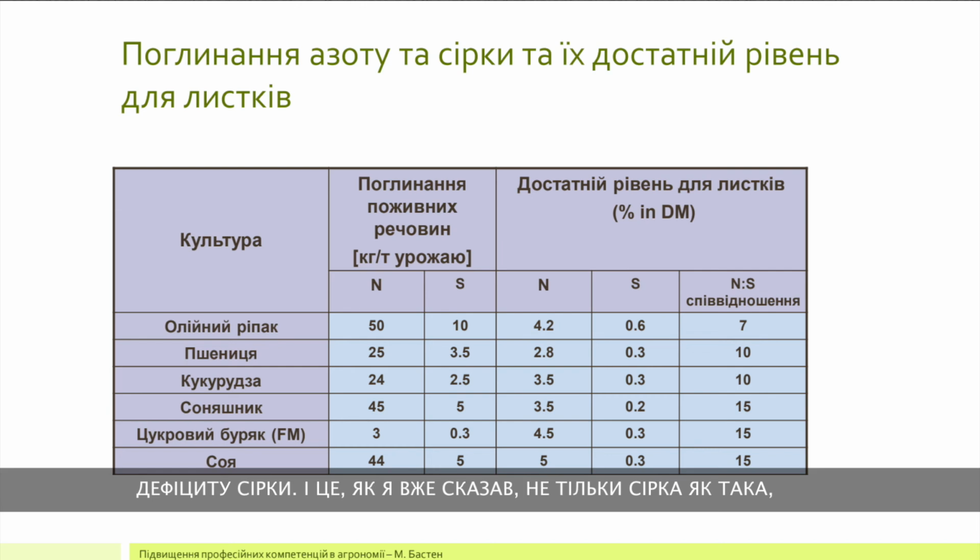As I said, it's not only the sulfur as such, also the nitrogen to sulfur ratio is important, and demanding crops have, of course, a smaller nitrogen to sulfur ratio compared to wheat and the other crops. In wheat and corn it is typically a 10 nitrogen to sulfur ratio, whereas sunflower, sugar beet, and soybean is a bit higher, towards 15.